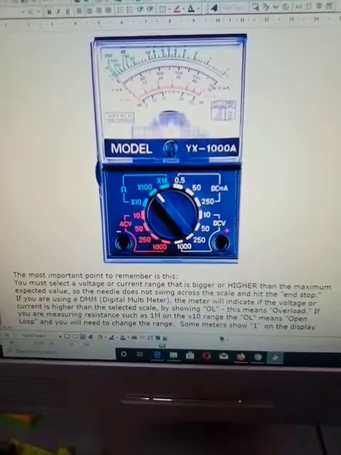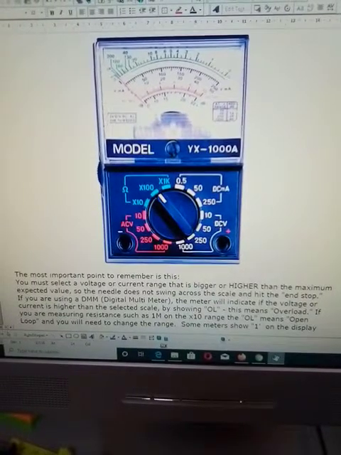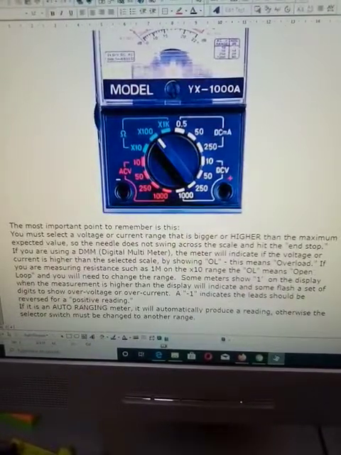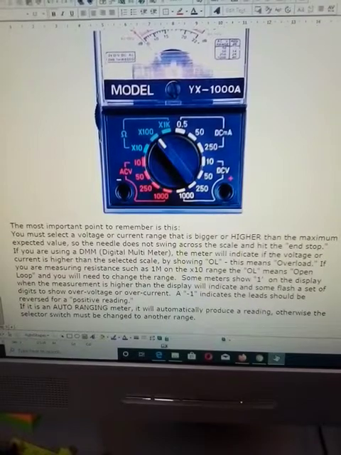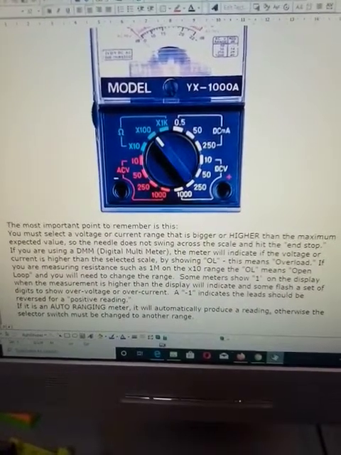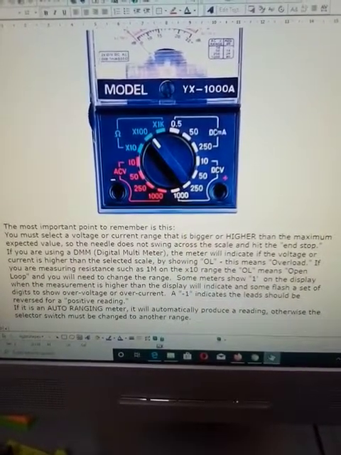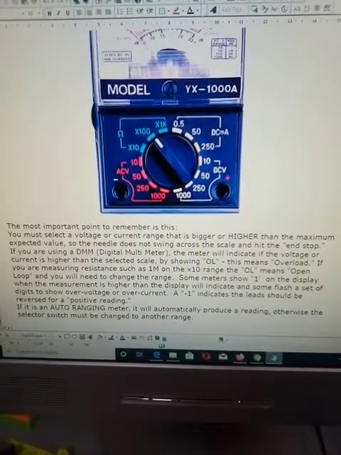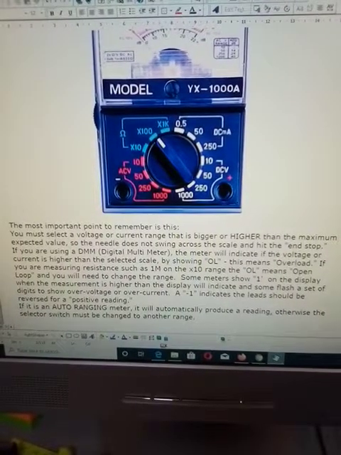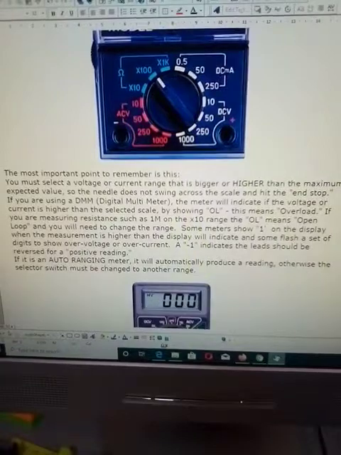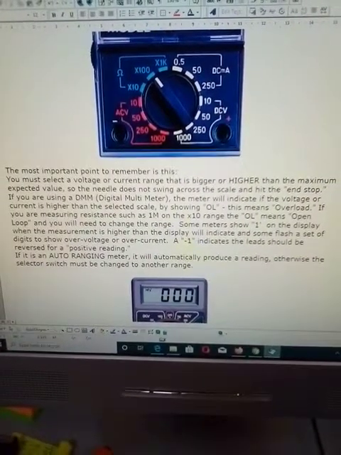Some meters show 1 on the display. Okay. Now I'm just bringing this up a little bit more so we can see it in full range. Okay.